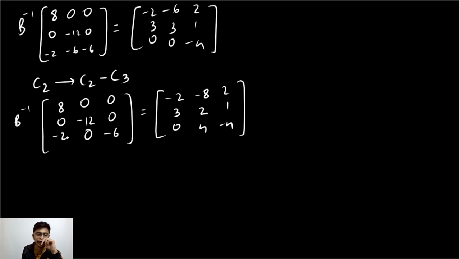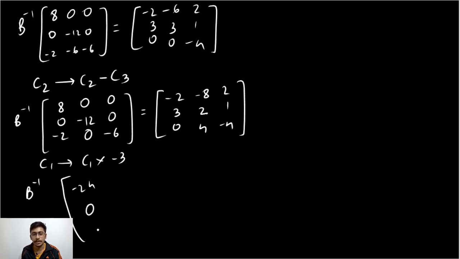Okay, let's do one thing. Let's say C1 becomes C1 into minus 3. Let's do that, because what will happen next is we'll get P inverse into 8 1 8 0 24 minus 24, then we'll get 0 and 6 0 minus 12 0, and 0 0 minus 6 over here.